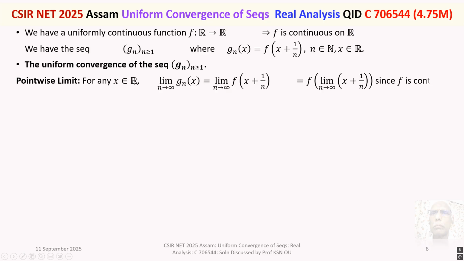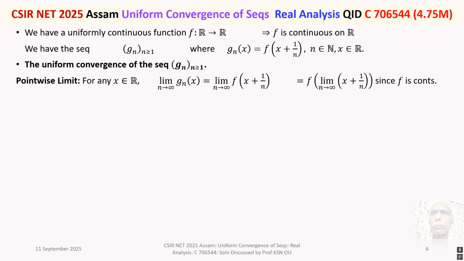For any x belongs to R, limit n tends to infinity of Gn of x is equal to limit n tends to infinity of f of x plus 1 by n. But what is f? f is continuous. Therefore, limit n tends to infinity of f of x plus 1 by n will be equal to f of limit n tends to infinity of x plus 1 by n. Why? Because f is continuous.